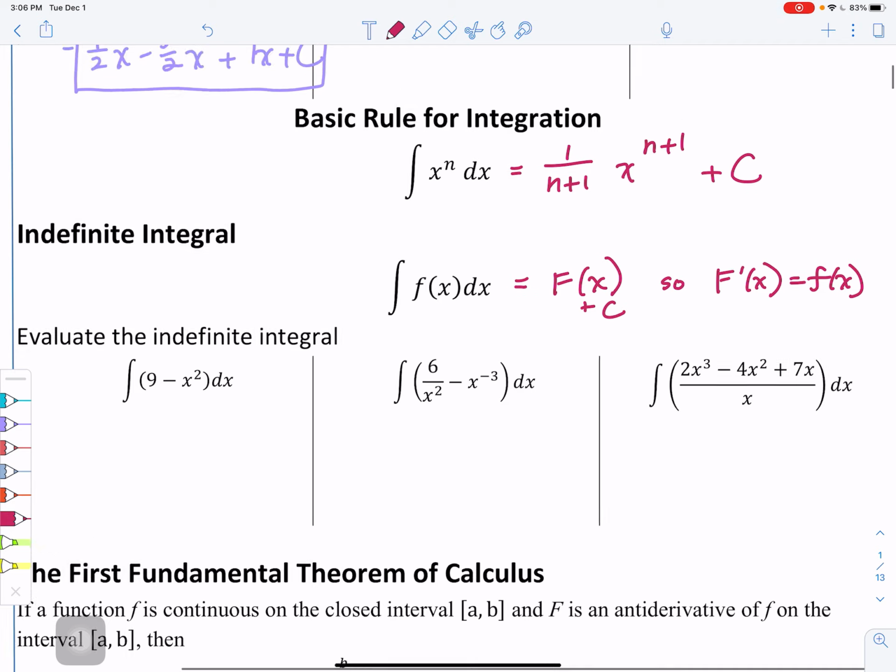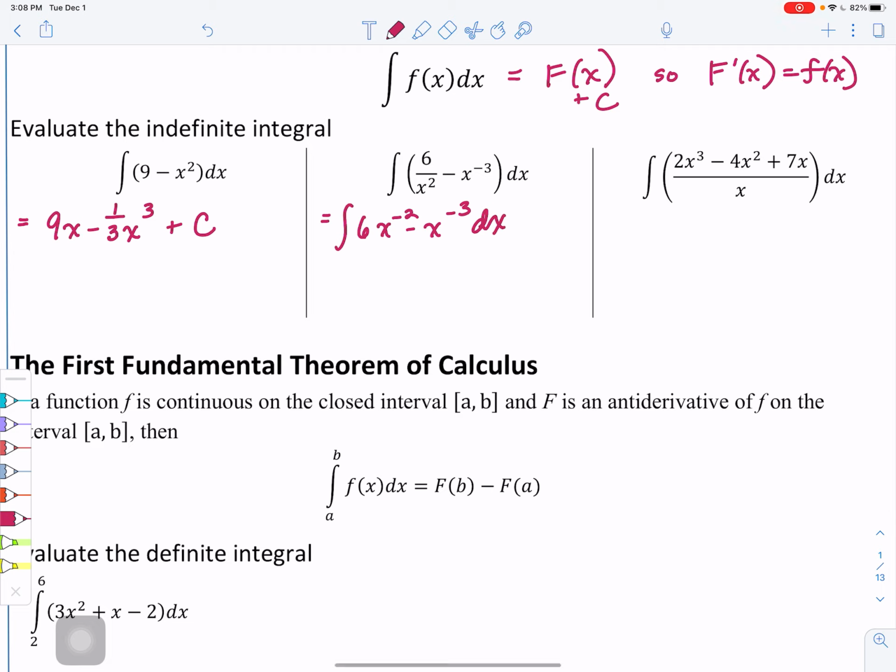6x to the negative 2 minus x to the negative 3 dx. And here we go. I'm going to add 1 to negative 2, and that's a negative 1. Be careful. And now I'm going to divide by a negative 1. Okay? Minus, I'm going to add 1 to a negative 3, and that's a negative 2. And now I'm going to divide by a negative 2, which makes that a plus.